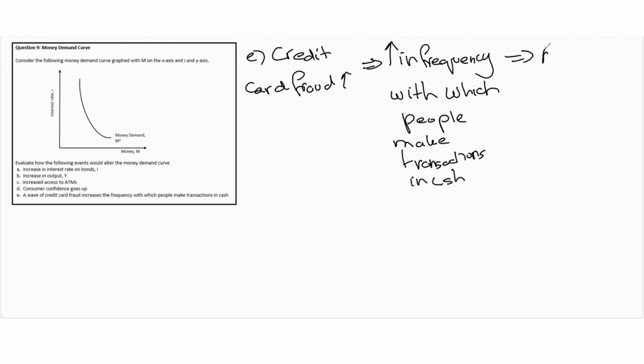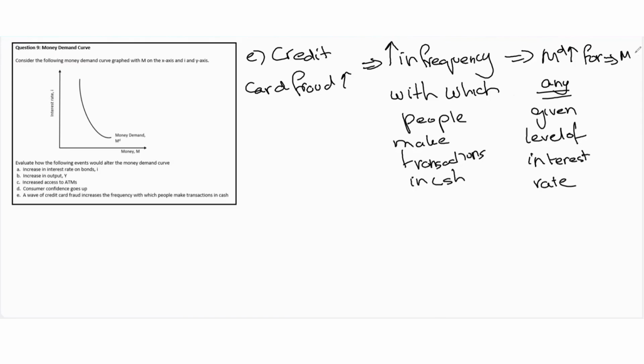This will obviously increase money demand for any given level of interest rate. So our money demand curve shifts to the right again.